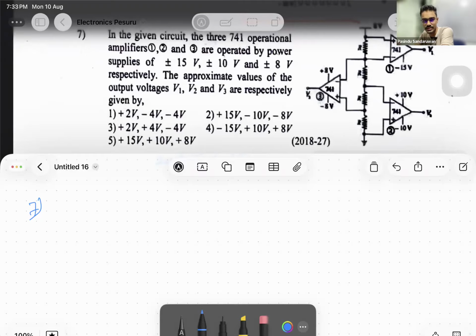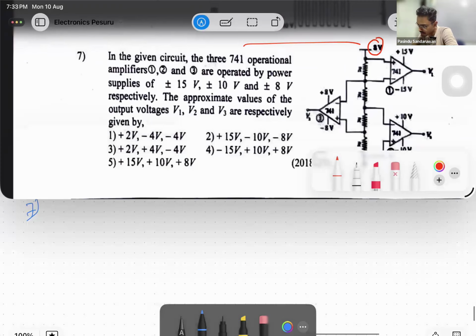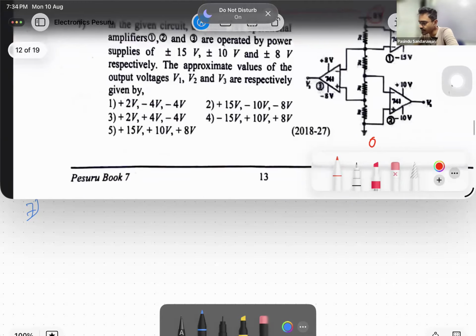If all are open loop, just as in the previous question, what you need to check is whether V1 is greater than V2, or V2 is greater than V1. For that, I need potentials here. If this is at 8 volts and this is 0, we know these four are resistors in series, because no current flows through the input terminals of any op-amp.